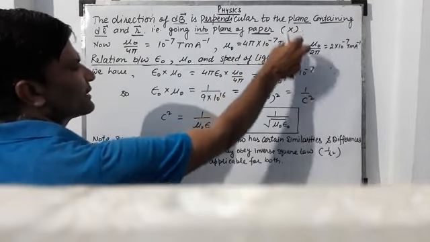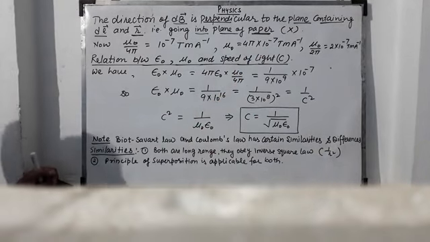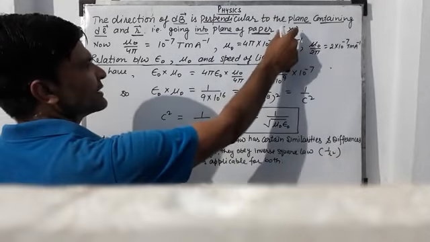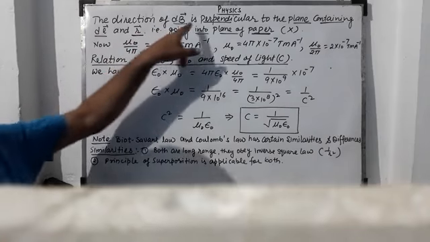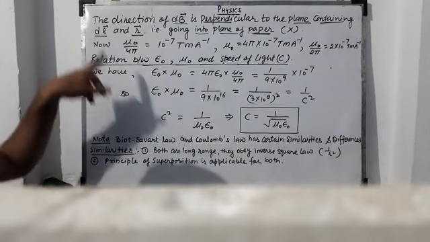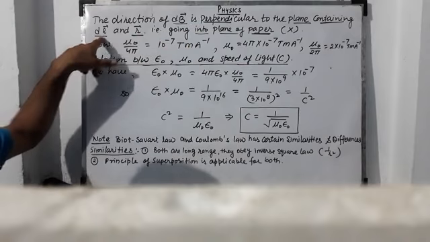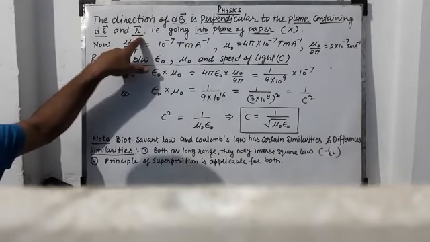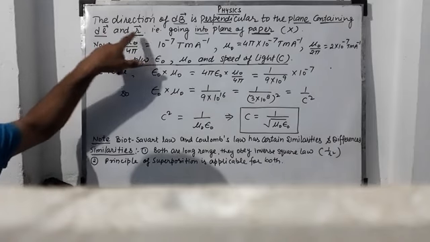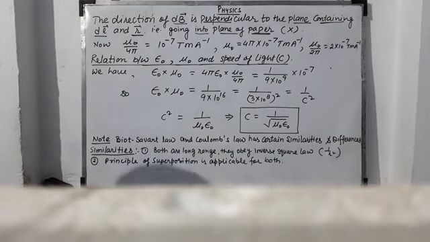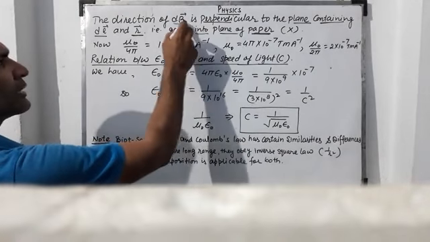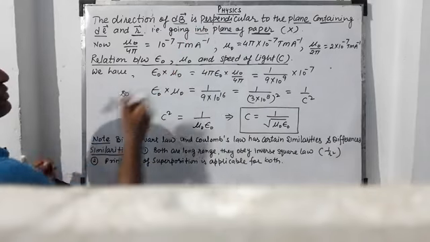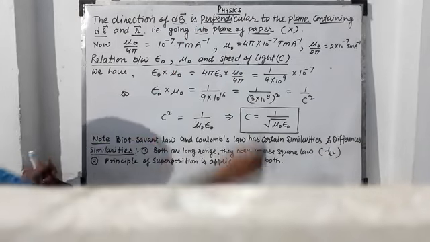The direction of dB is perpendicular because there is a product of dl and r, and this product is a vector product, and a vector product always gives a new vector whose direction is perpendicular.